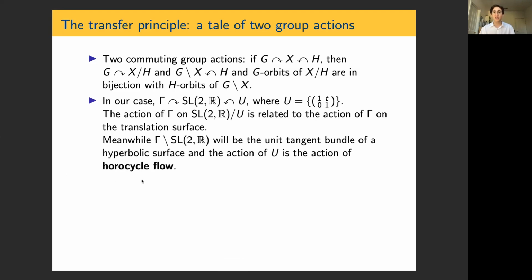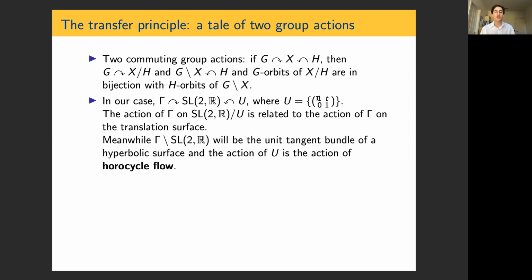In our case, we can let the affine diffeomorphism group gamma act on the left on the group SL2R, while we act on the right by the unipotent subgroup U consisting of matrices of this form. The action of gamma on SL2R mod U is related to the action of gamma on the translation surface.